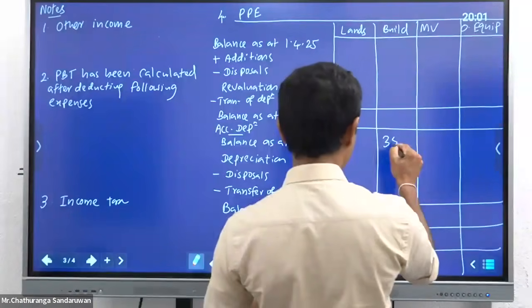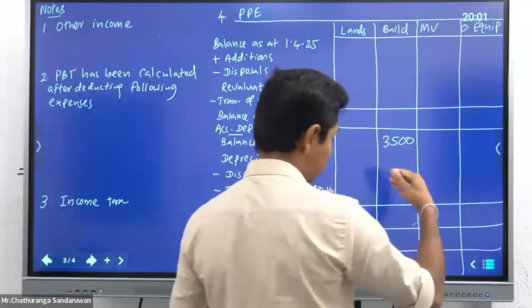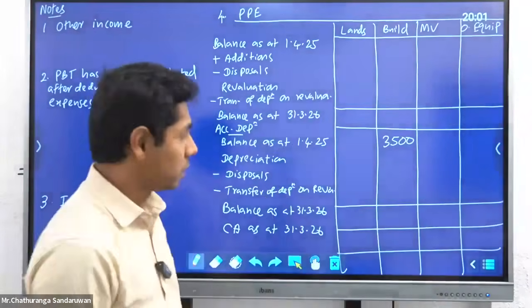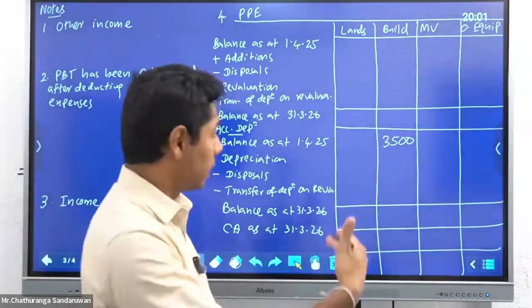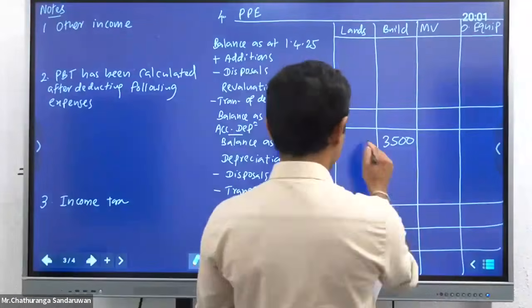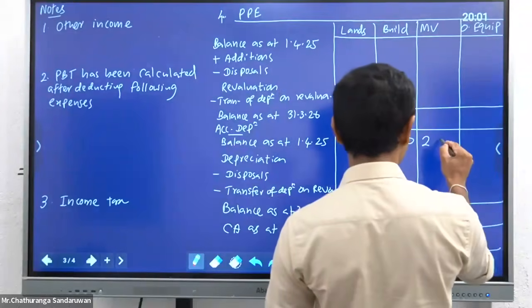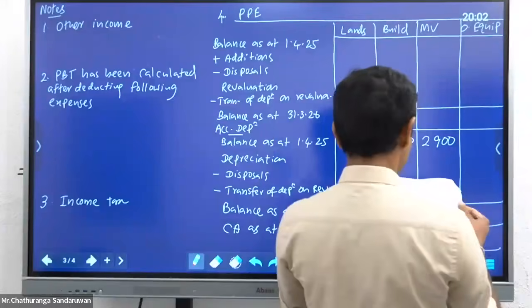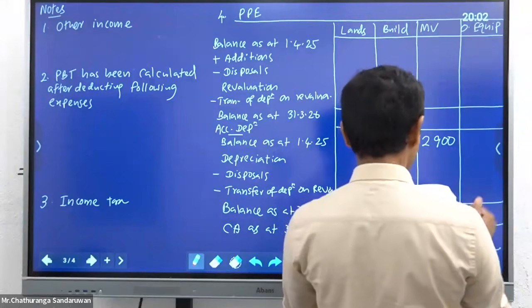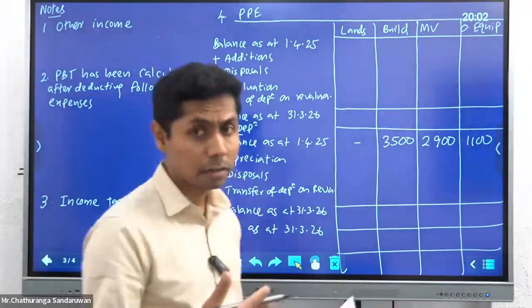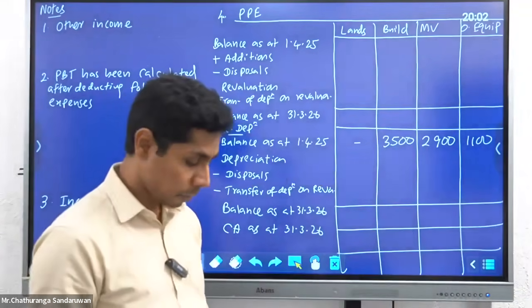We know that lands are not depreciated because its useful life is unlimited, right? Therefore we don't depreciate the land. And then accumulated depreciation of motor vehicles 2900, that of office equipment 1100. Okay, so I don't put the asset balances, right?